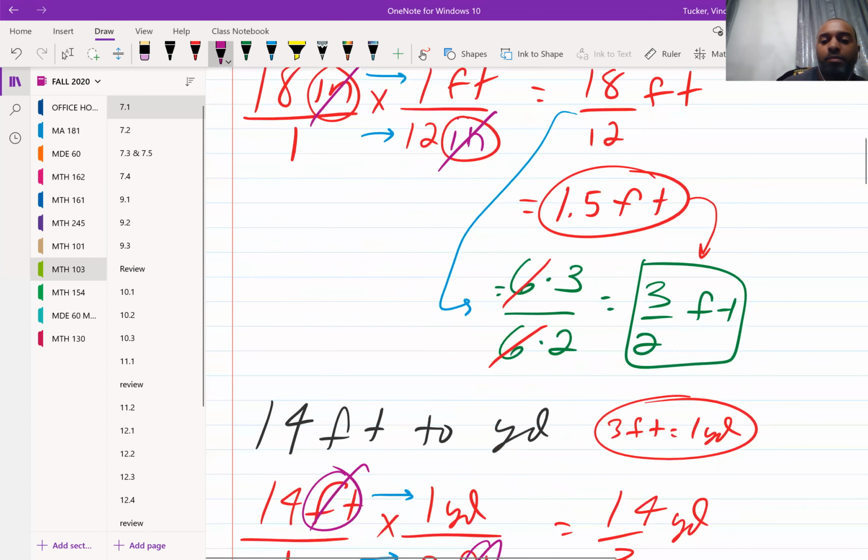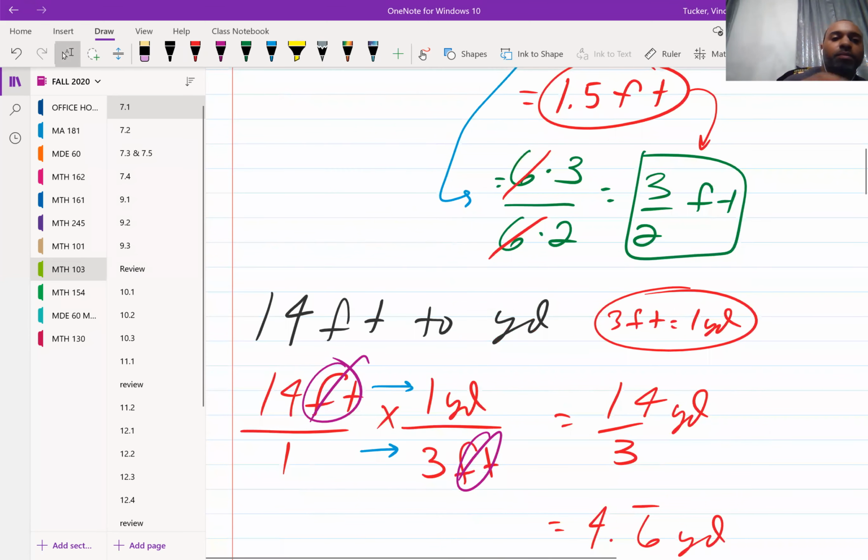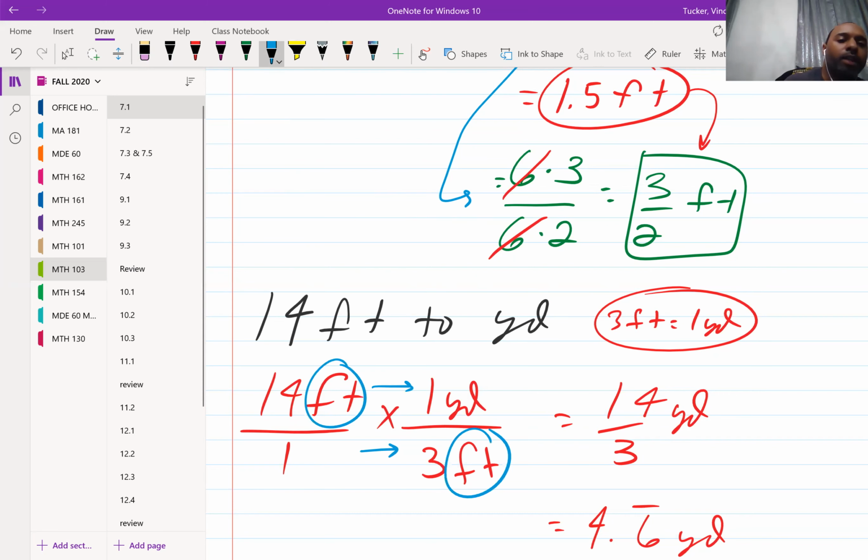All right. So let's look at the next one. If you have 14 feet and you want to convert that to yards, conversion factor, 3 feet is equal to 1 yard. So I'm starting off with feet. So I need feet down here in bottom so they can cancel out.